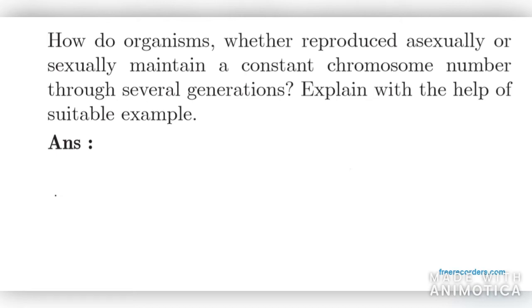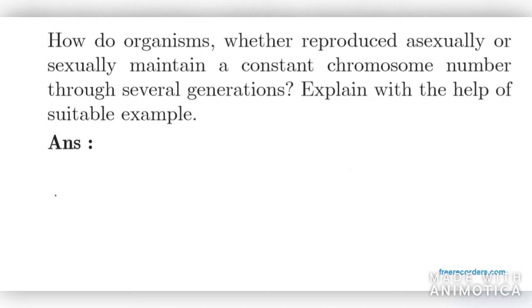In sexual reproduction, as you know, organisms produce gametes through meiosis. Therefore, we don't have a reduction or an increase in the number of chromosomes. Like in humans, the parents, father and mother, both have 46 chromosomes, or 23 pairs.